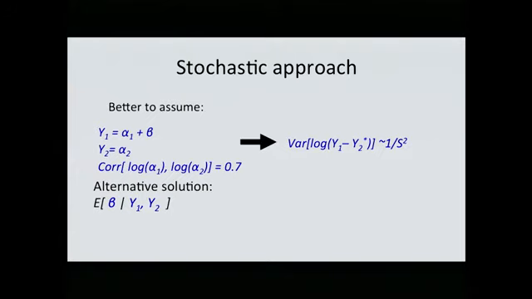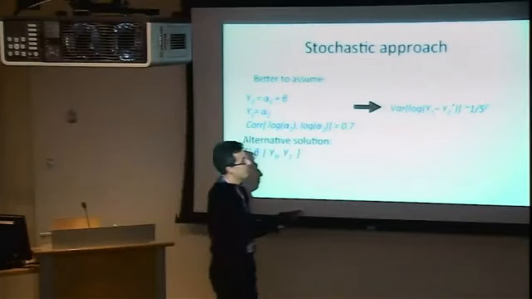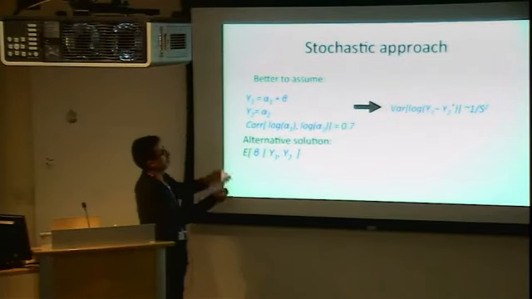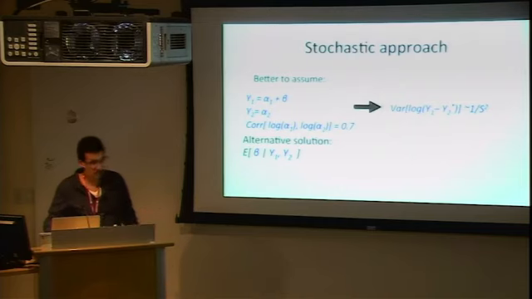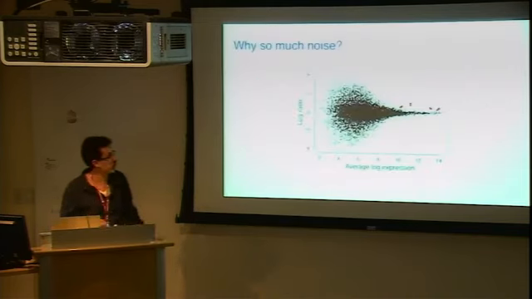You can show that the variance of the log of that correction they were doing, using something like Taylor's theorem, a simple mathematical derivation, is going to be proportional to 1 over beta squared, where beta is the signal. So that's saying the smaller the beta, the bigger the variance. That's a mathematical fact. It's not biology, it's mathematics. Here you can actually see that.